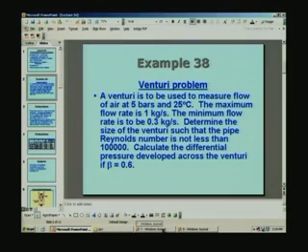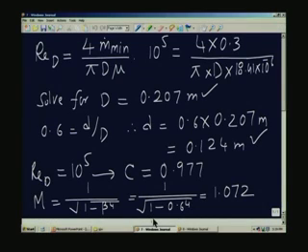On the board we had looked at some of the numbers, and I have taken the material from the previous lecture. The Reynolds number based on the diameter is given by the formula 4 times m dot minimum divided by pi d into mu, where mu is the dynamic viscosity of the air at the pressure and temperature which is specified.